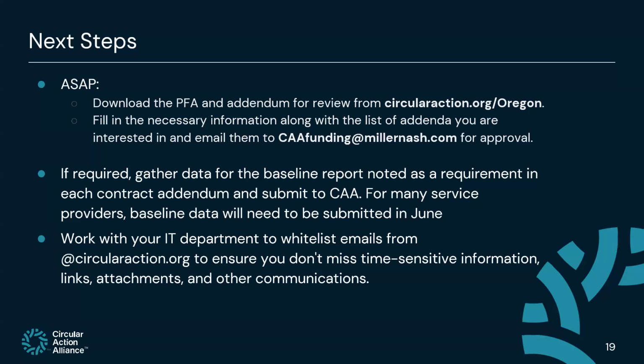And the other big thing is that you whitelist the @circularaction.org domain, because those should be the automated emails that may come from our system. And so your IT department may need to whitelist those in order to make sure that all of those can come through.